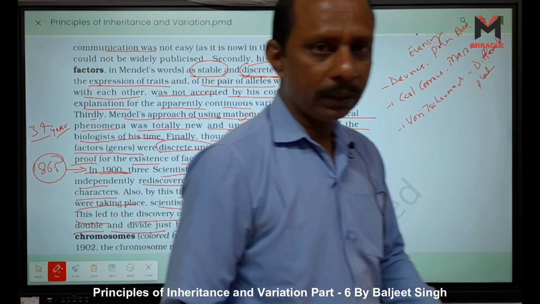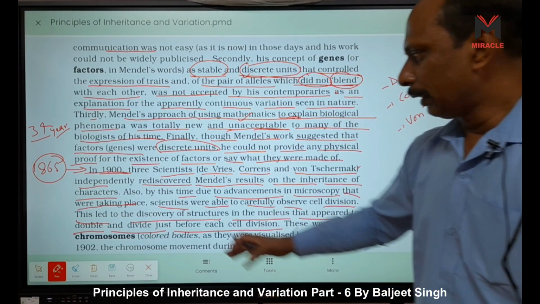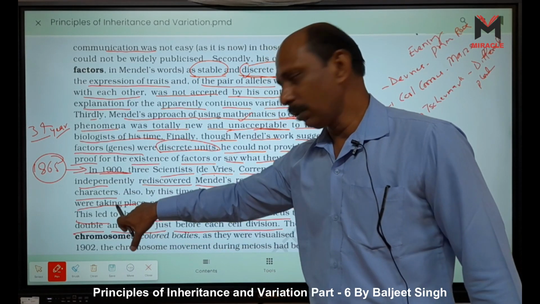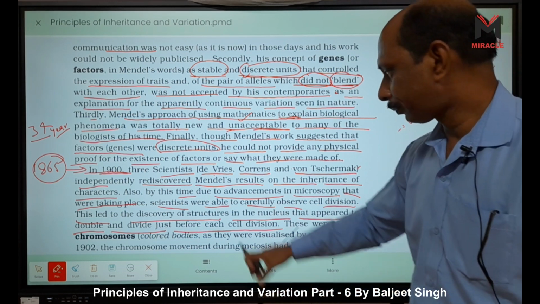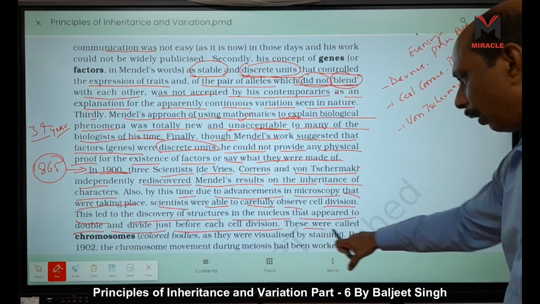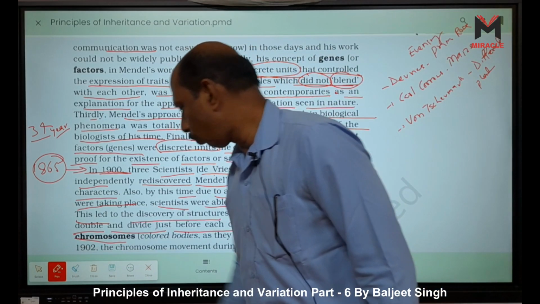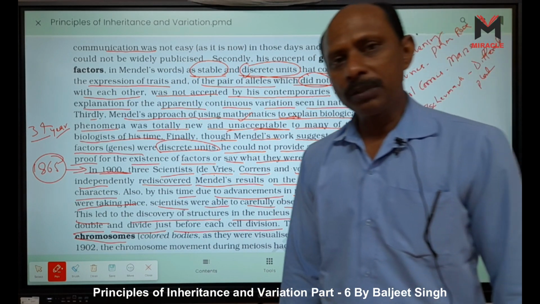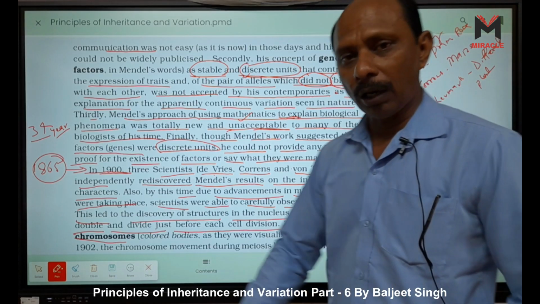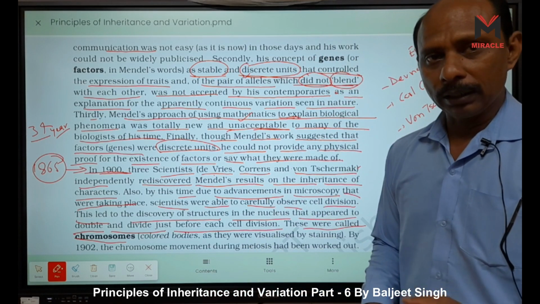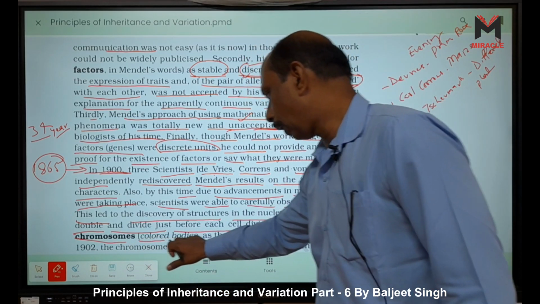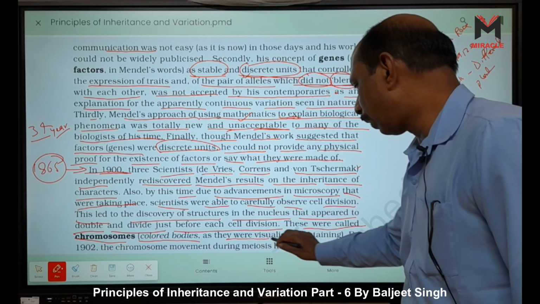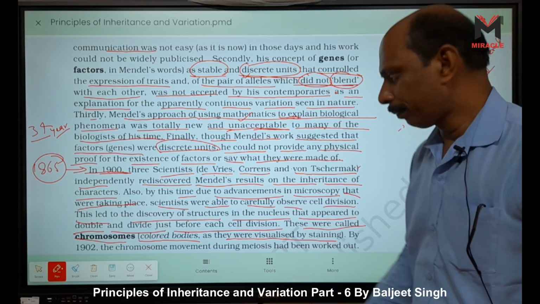When they saw the nucleus, they saw the chromosomes. They doubled first, then in anaphase they get divided, right? These were called chromosomes. Chromo means color, and soma means bodies. Colored bodies, why? Because after staining they are colored. So chromosomes are colored bodies, as they were visualized by staining, right?